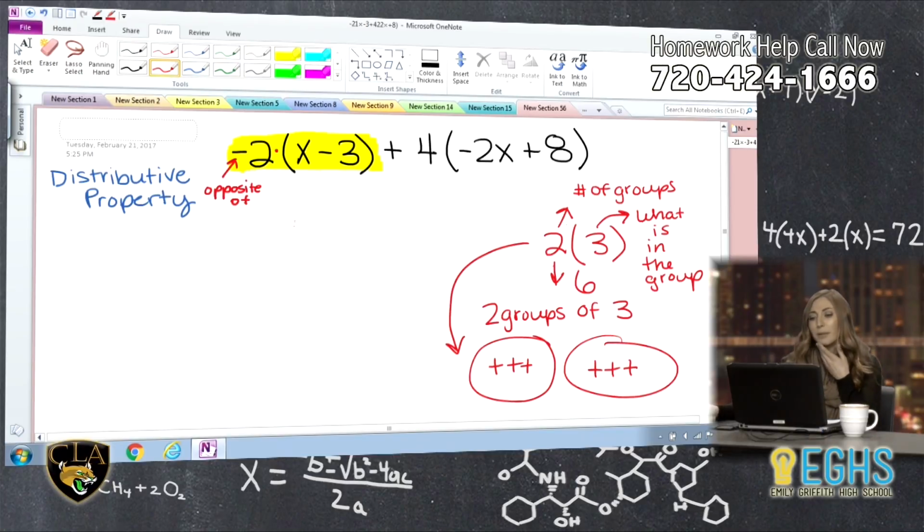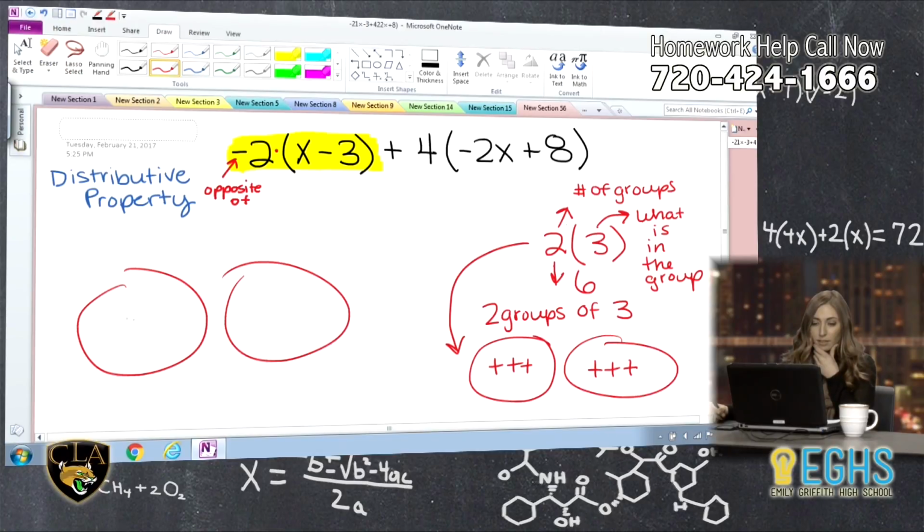I'm going to draw algebra tiles so you can picture what I'm doing. Here are my 2 groups, and in each group I've got an x, and then -3. I'm going to shade the negatives to differentiate them. So -3, and then another group of -3.